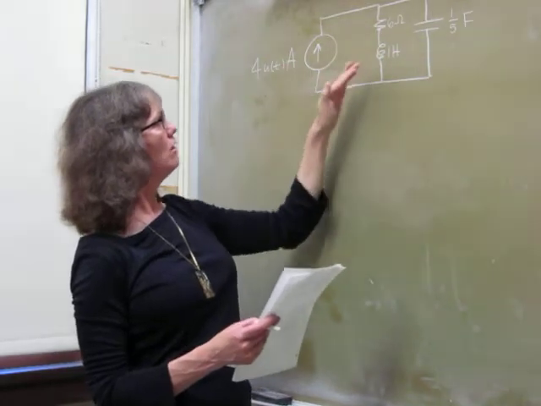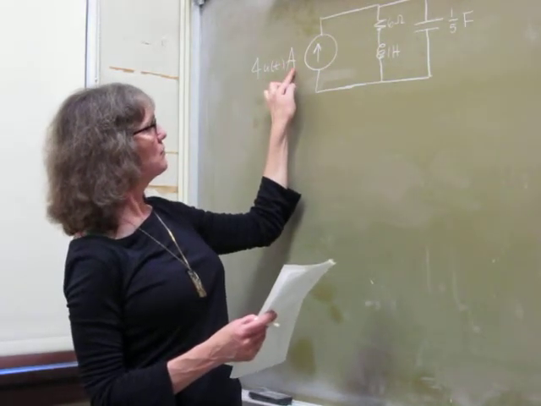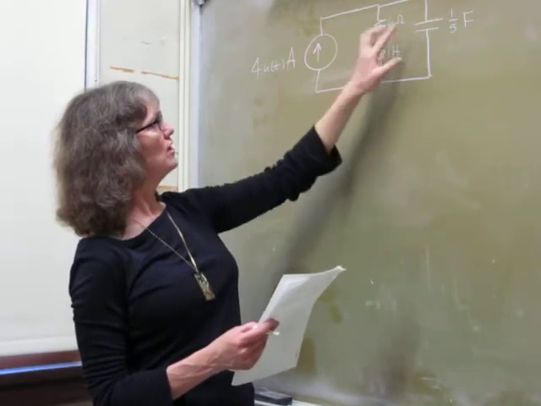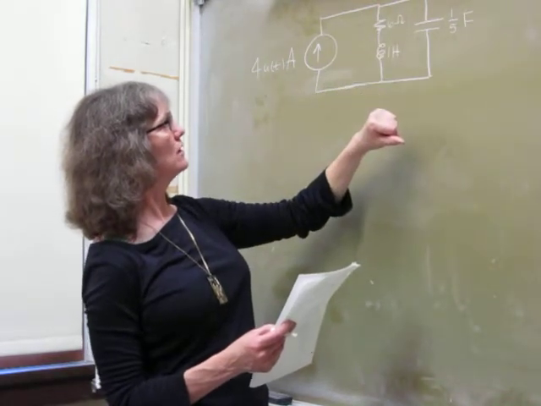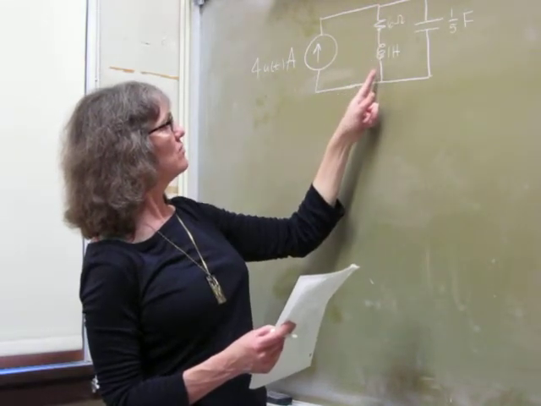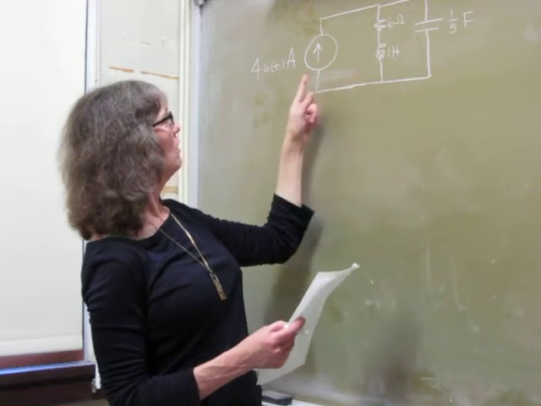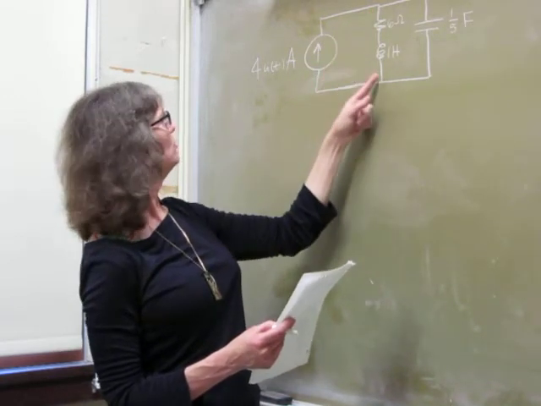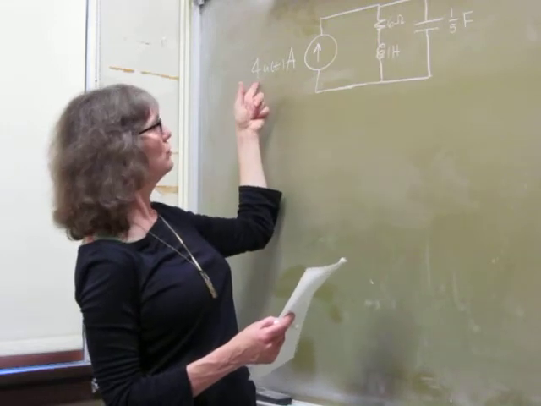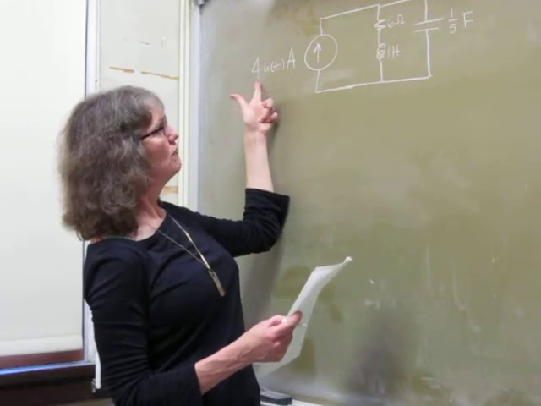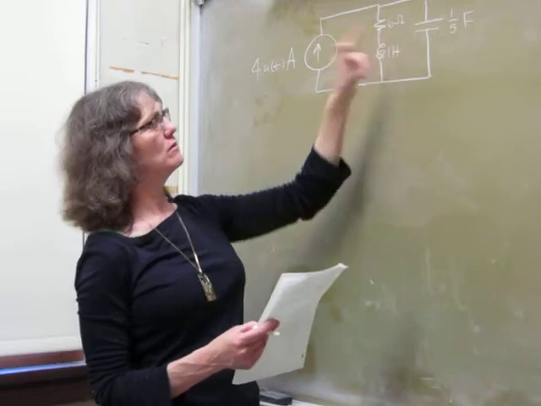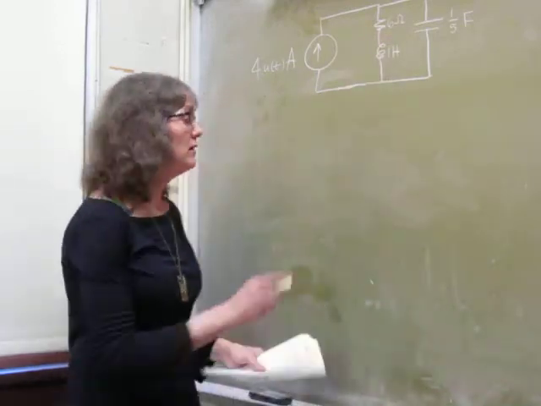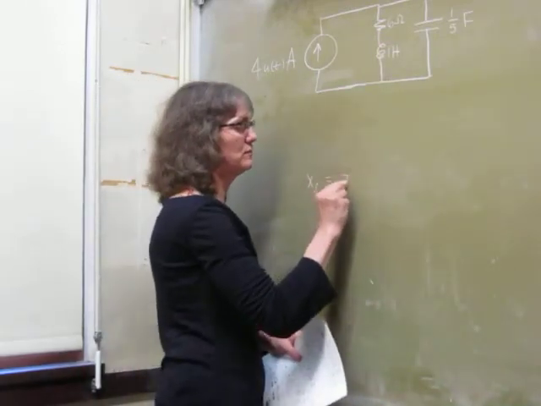In the long run, with 4 amps here, a capacitor acts as an open circuit and an inductor acts as a closed circuit, so all 4 amps go through the resistor. The voltage across that resistor is 6 times 4, 24 volts.